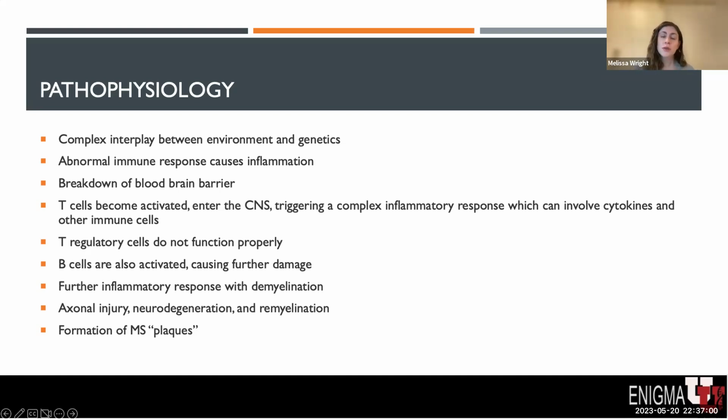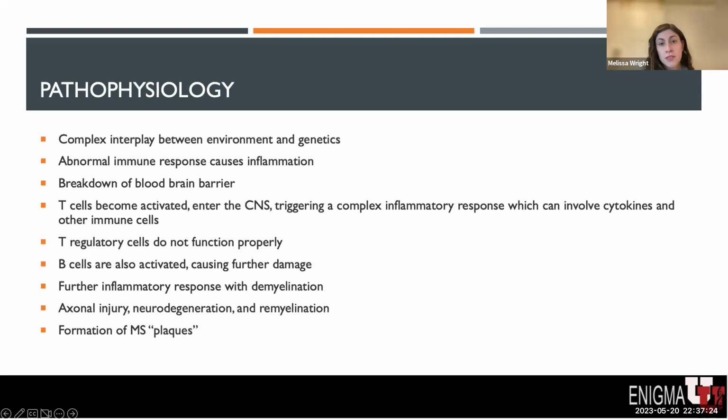In addition, T regulatory cells, which typically will turn off inflammation, are not functioning properly, and this causes ongoing inflammation, leading to more injury to the myelin. B cells are also activated, causing further damage. Further inflammatory responses can also occur as demyelination occurs.